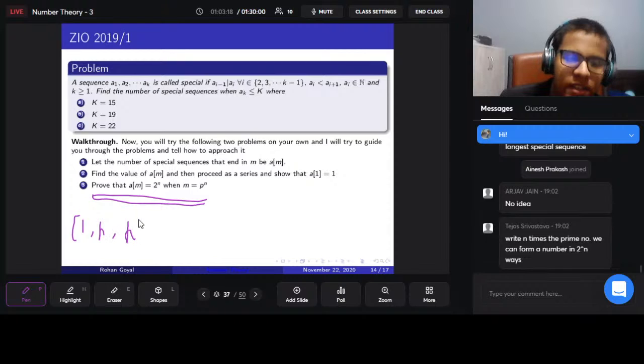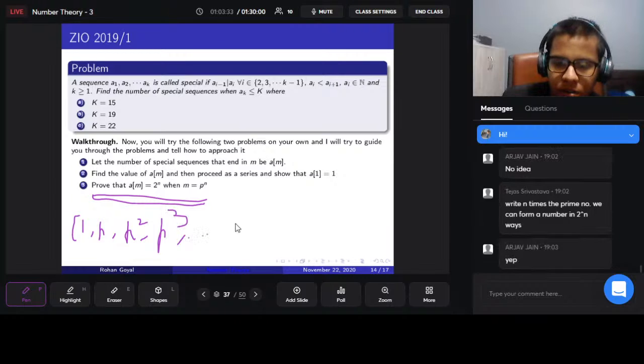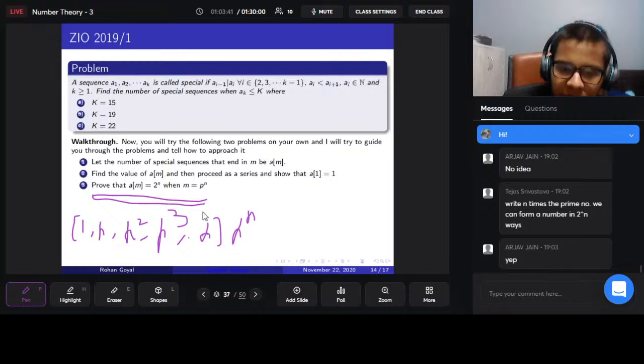And see that if a_i divides a_(i+1) and a_(i+1) divides a_(i+2) and so on, every term divides the terms after it. So all the terms can just be powers of p, and we obviously have to pick p to the n. So the remaining terms are from this set where the last term is p to the n minus 1.